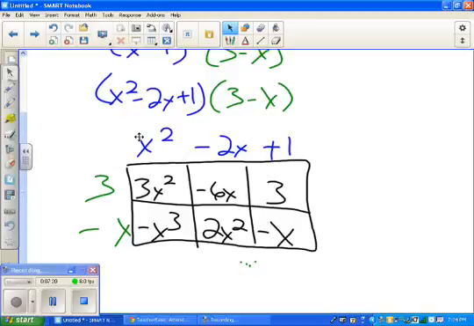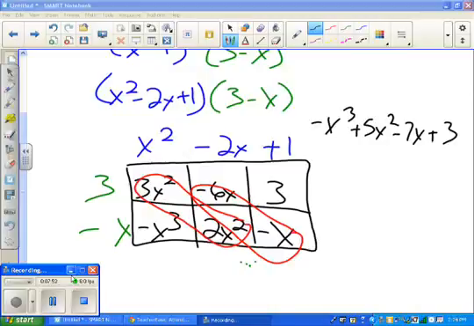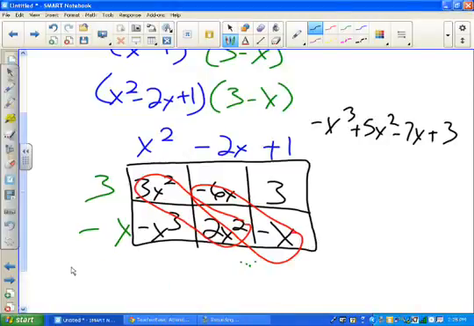So I'm just going to simply add up the like terms to simplify my polynomial. So I'm going to add these two up, add those two up, and then my final answer is negative x cubed plus 5x squared minus 7x plus 3. And so that would be the function f times the function g. That's pretty much it.